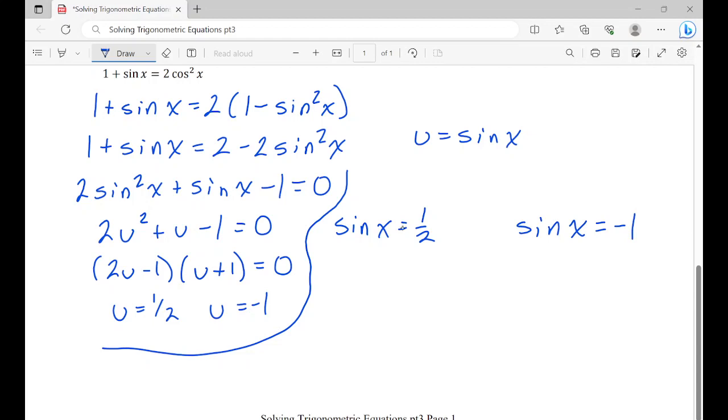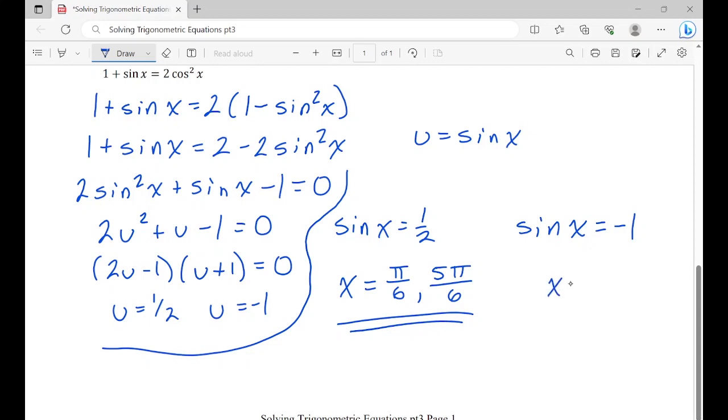Now where on the unit circle does sine x equal a positive 1/2? On the unit circle, you would see that it equals a positive half at pi over 6 and 5 pi over 6. Quadrants 1 and 2. Now where does sine x equal negative 1?